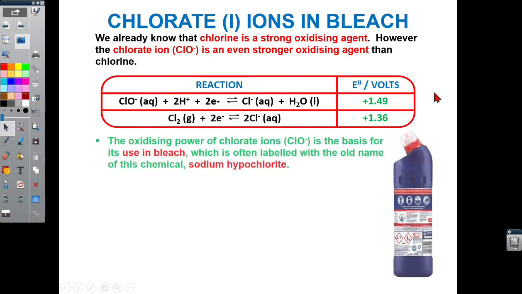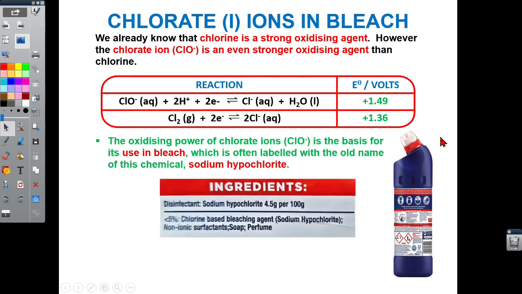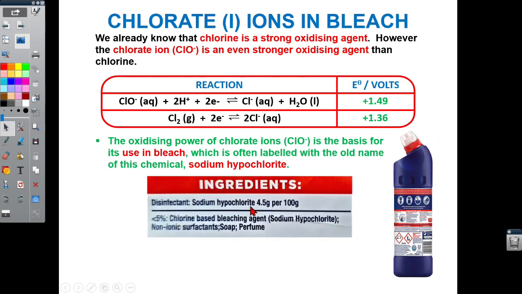And it's no surprise, therefore, that bleach, this is, I think, a picture of a bottle of Domestos. If you've ever bothered to look at the ingredients for bleach, this is what they look like. Disinfectants, sodium hypochlorite. Now that is the old-fashioned name for the chlorate 1 ion, ClO minus. Here it's paired up with a sodium counter ion. Sodium hypochlorite, sodium chlorate 1 is the main constituent in bleach.